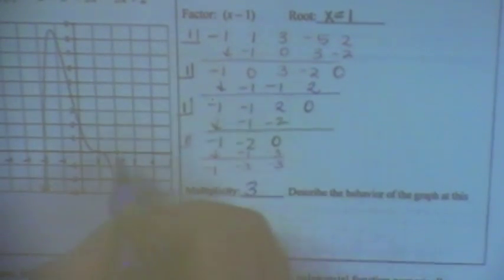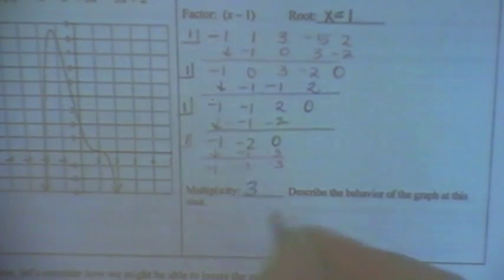So my multiplicity is 3, and you can tell right there at the root, at 1, it does pass through with a bend.